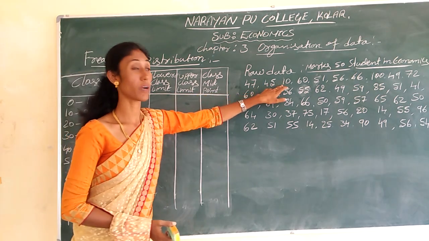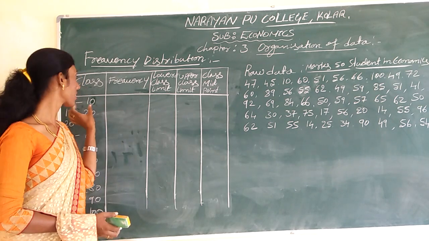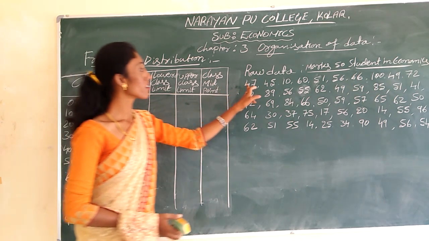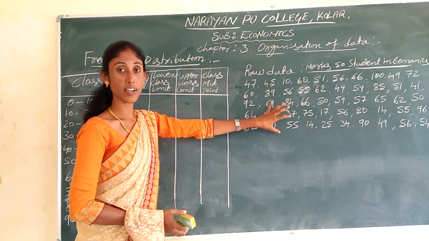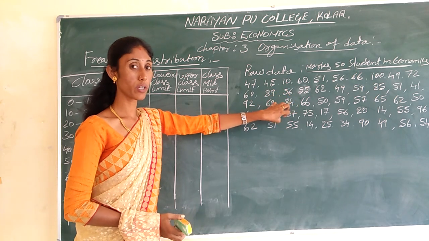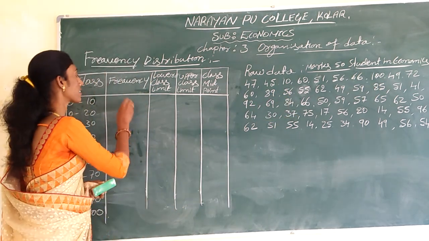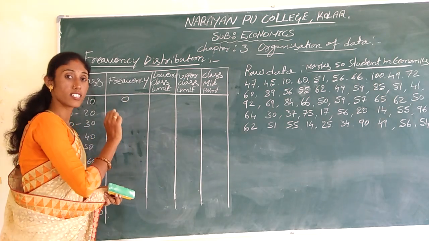Here we have a 10, but we should not include it in the frequency because the class limit is below 10. There is no value between 0 and 10, so the frequency of that particular class is 0.